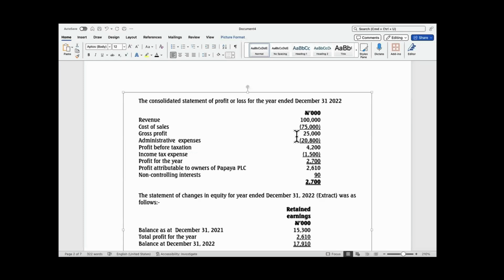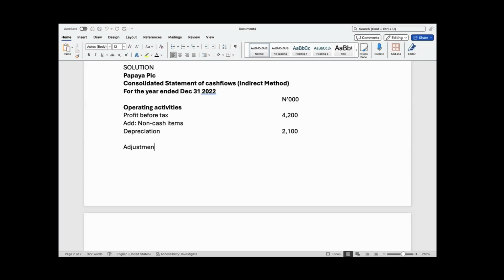Please, for the profit or loss on disposal, the profit, are we adding it? And the loss, are we subtracting it? Which one are we adding, which one are we subtracting? The profits, we're going to have to deduct that. The loss, we'll add it back.